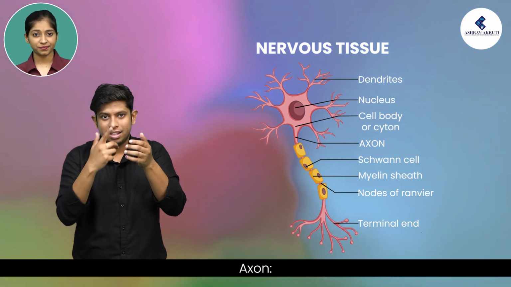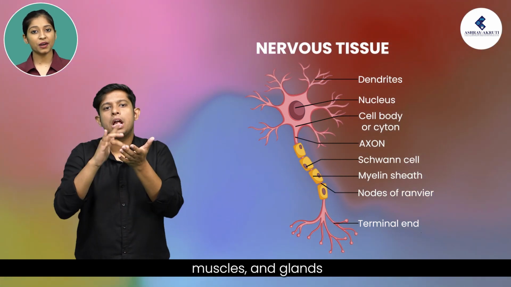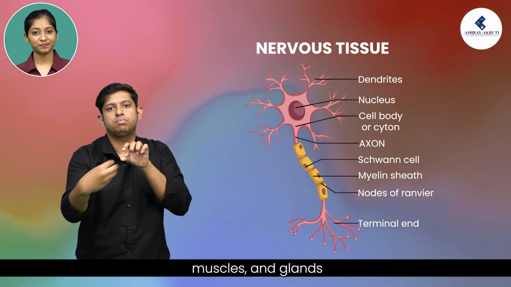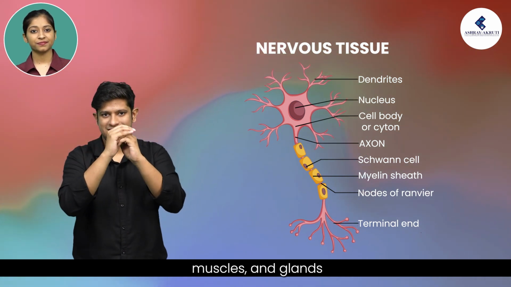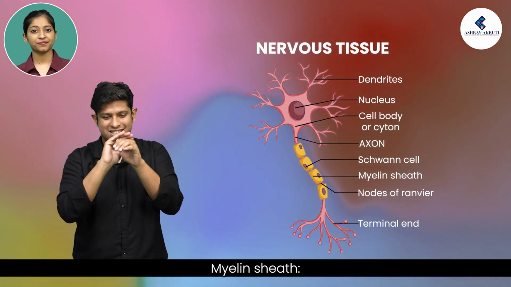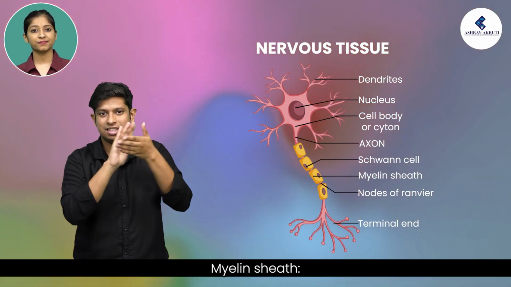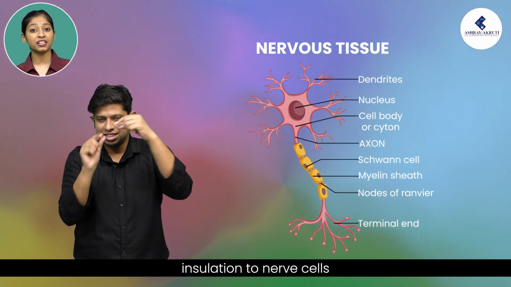Axon. Transmit information to different neurons, muscles and glands. Myelin sheath provides protective insulation to nerve cells.